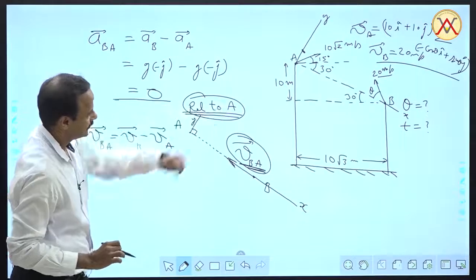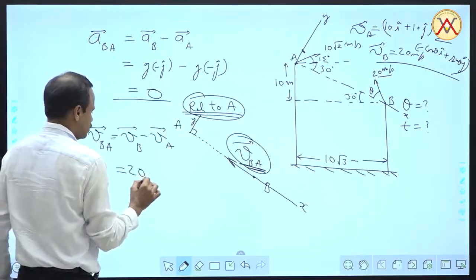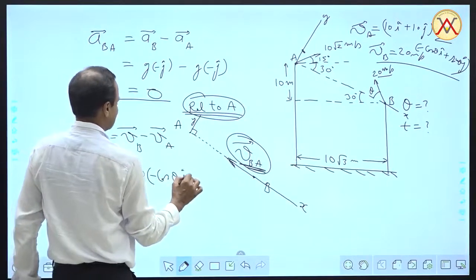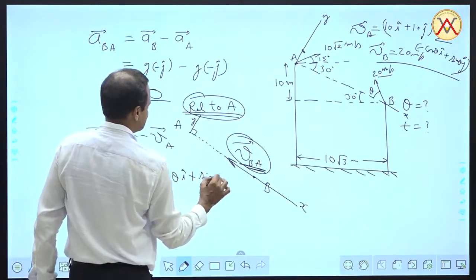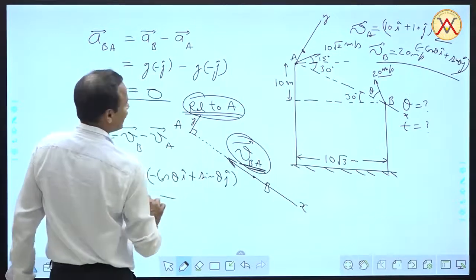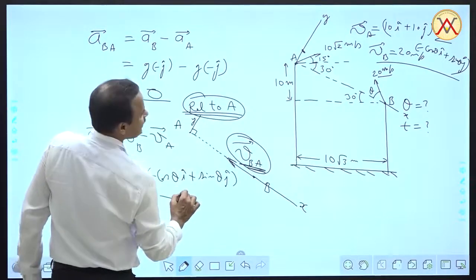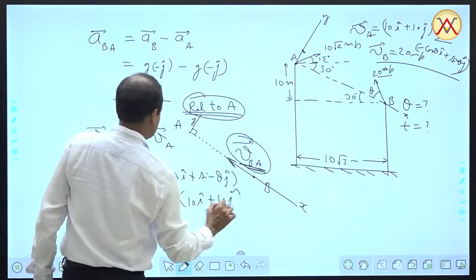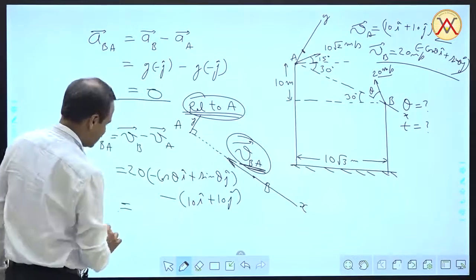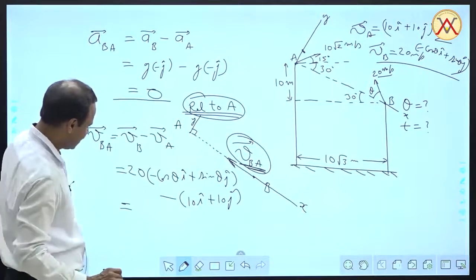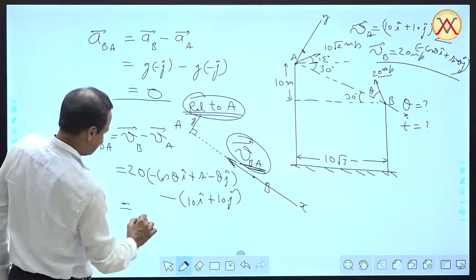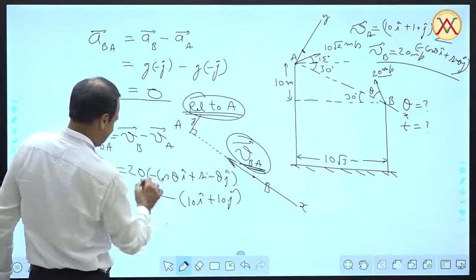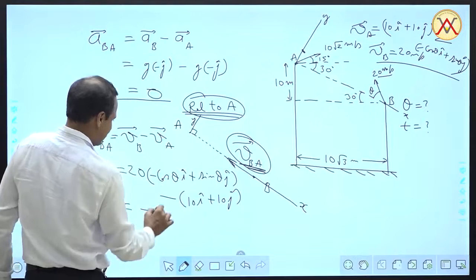So VB vector is 20 times minus cos theta i cap plus sin theta j cap, minus VA vector, 10 i cap plus 10 j cap. If I write x and y components separately, the x component is minus 10 minus 20 cos theta.